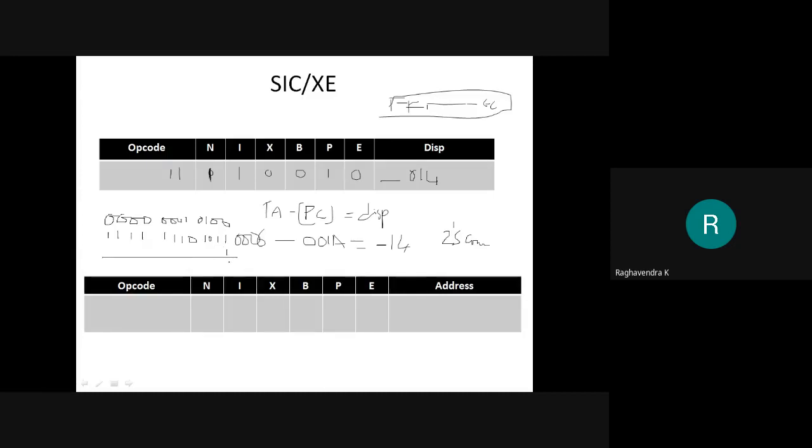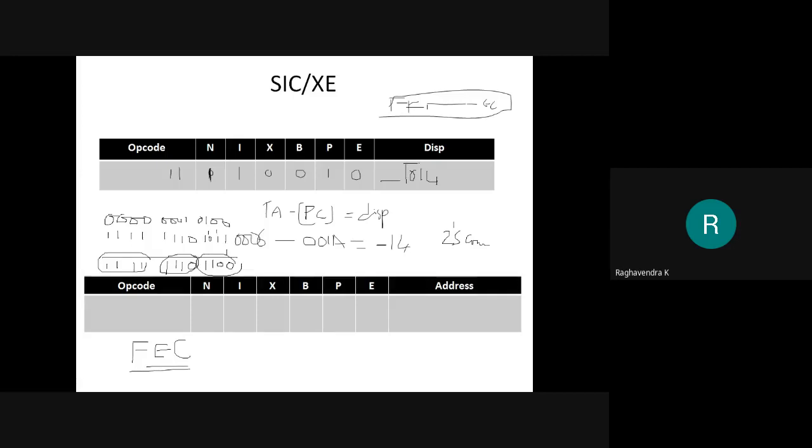So 1 plus 1, 0, 1 carried, 1 plus 1, 0, 1 carried, 1, 1. So this does not change, no change here and no changes here. So what have we got here? This is F, this is E, and this one is C. So this is what we can write.